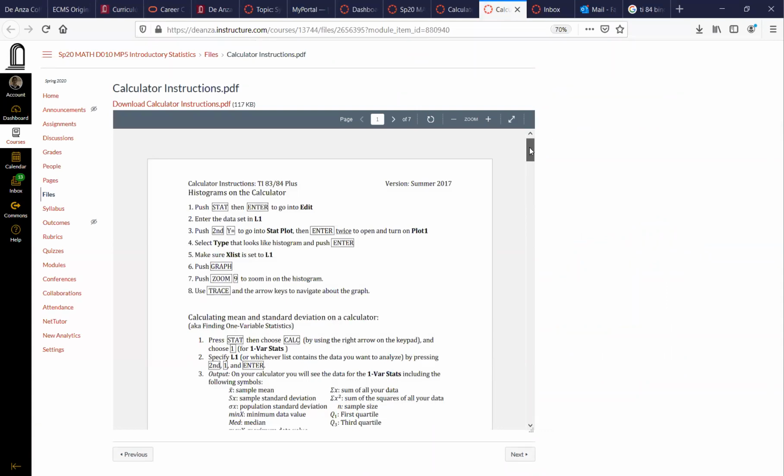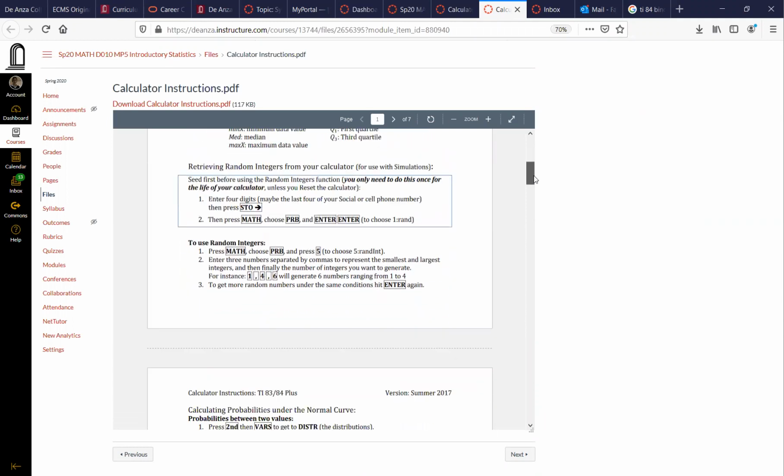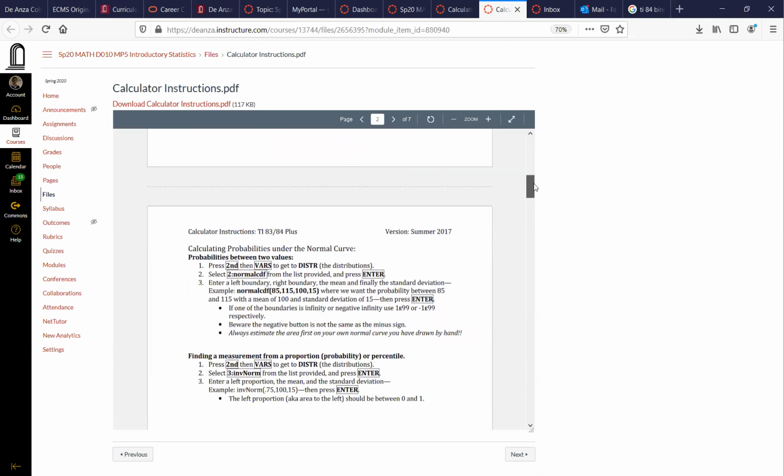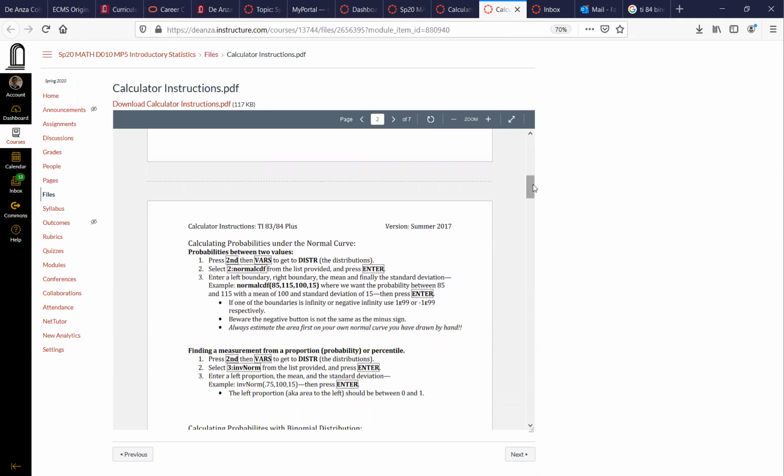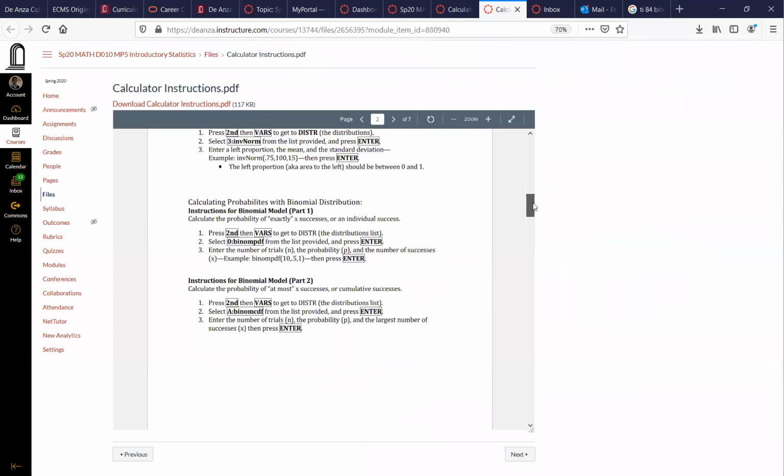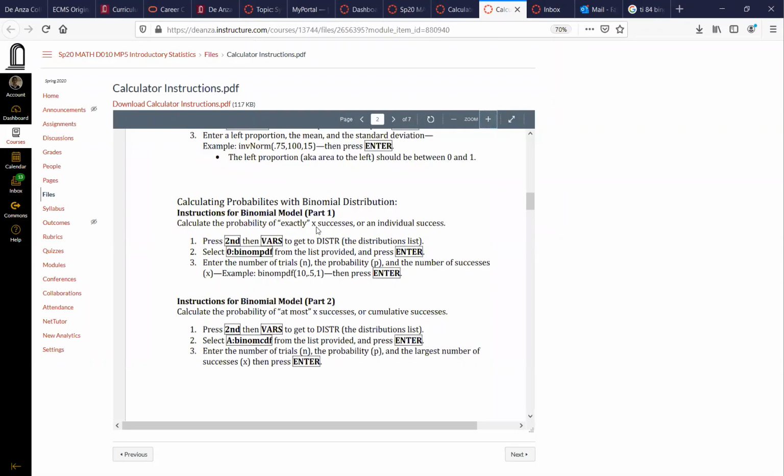Now we're looking for the binomial distribution. Calculating probabilities with binomial distribution. The first instruction is for when the question says exactly X successes in your experiment.